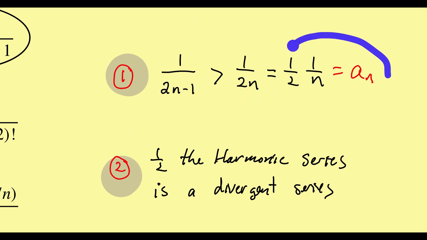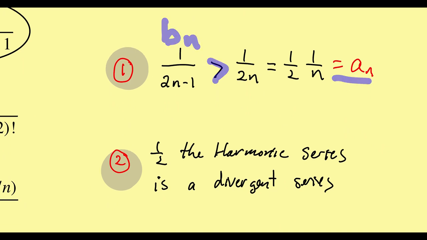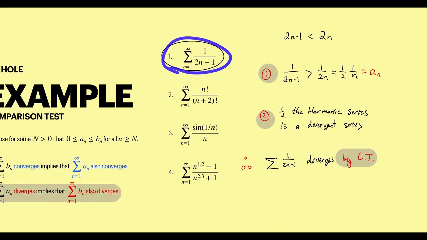Thus, this AN determines a divergent series. With our BNs bigger than these ANs, and the AN giving something which diverges, we conclude that our series diverges by the comparison test.